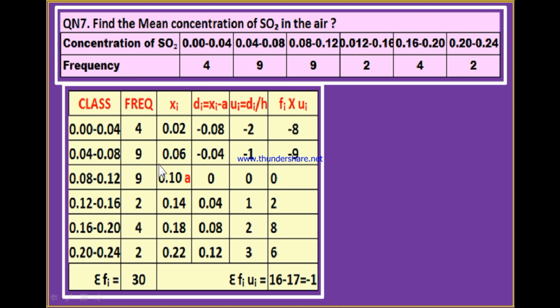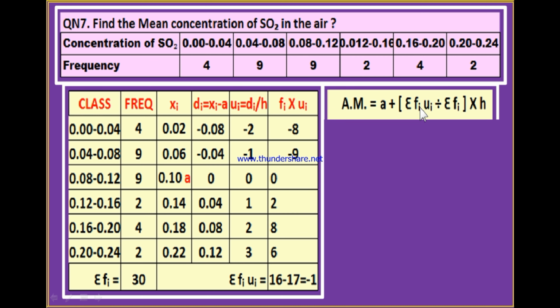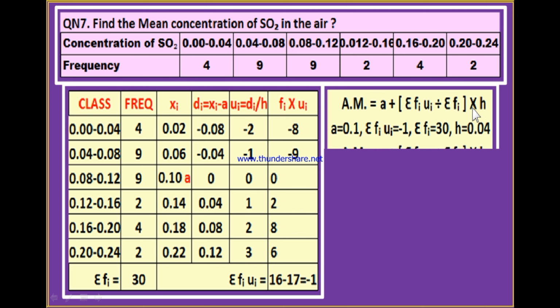Now, as you are finding the arithmetic mean in step deviation method, let us write the formula for arithmetic mean in step deviation method. The formula is AM is equal to A plus sigma fi ui divided by sigma fi into h. This is the formula.